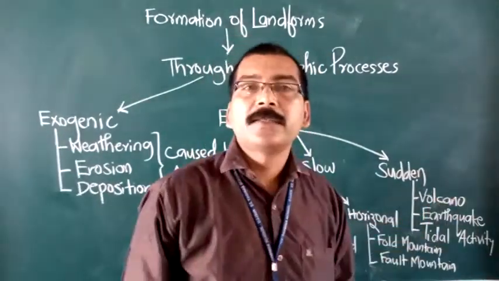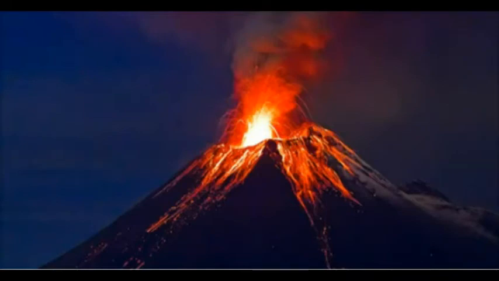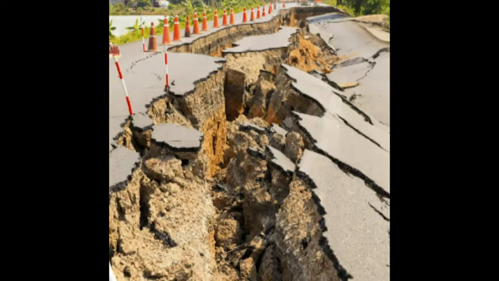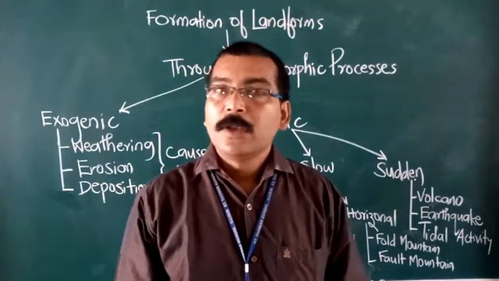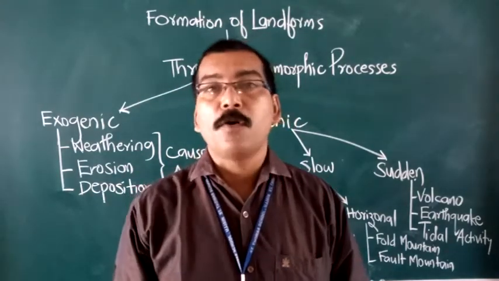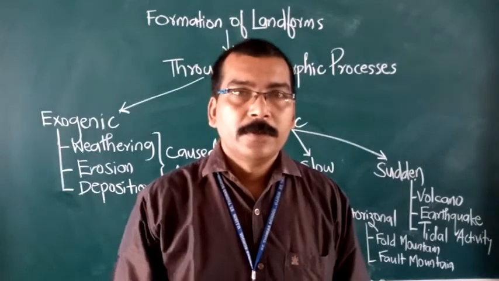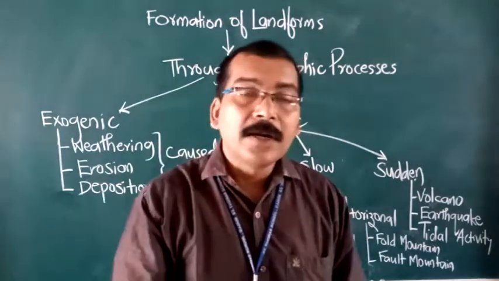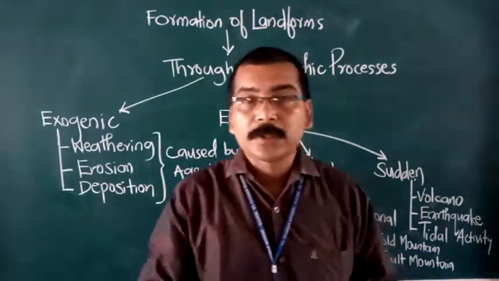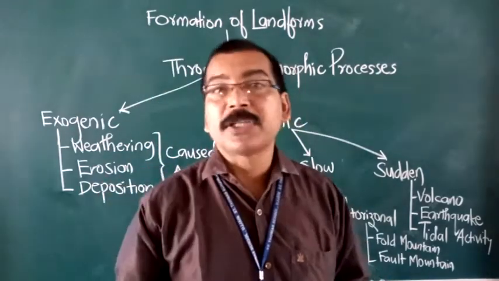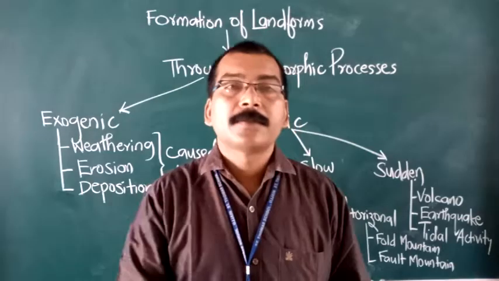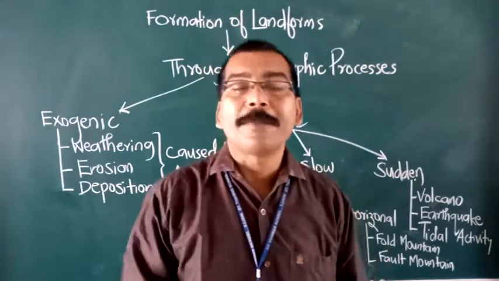This sudden movement includes volcanic eruption, earthquake, and tidal activities. As a result of the volcanic eruption, new landforms are formed. When the lava that flows through a volcano fills the depressions, and thus a new landform is created.